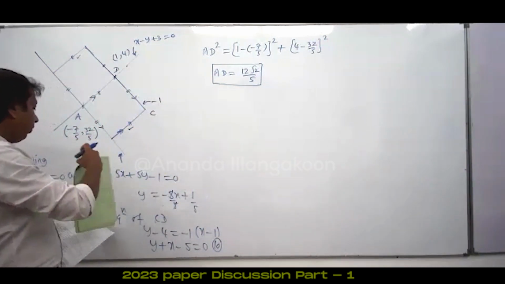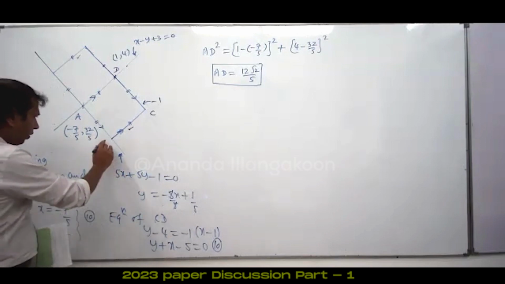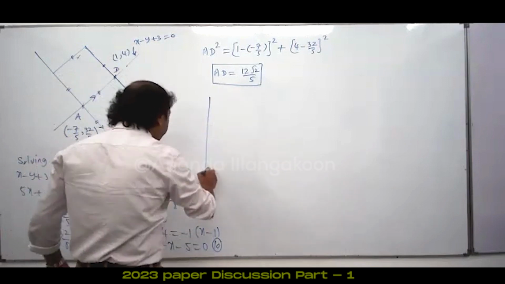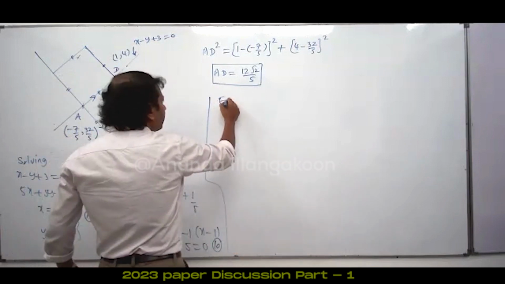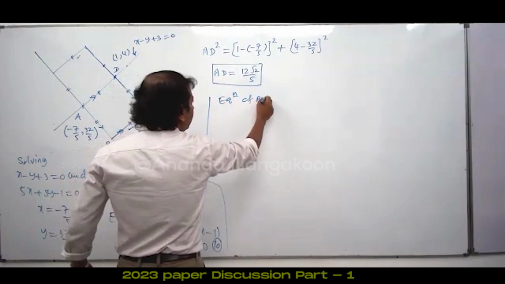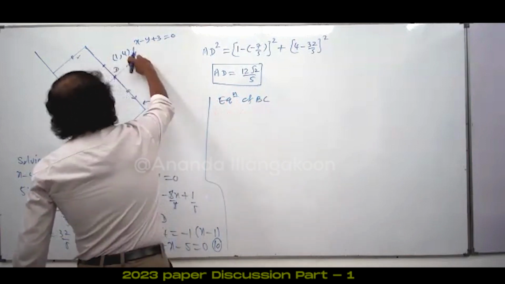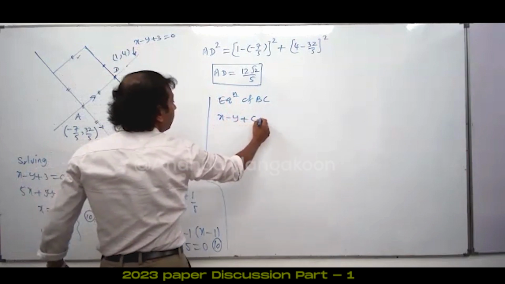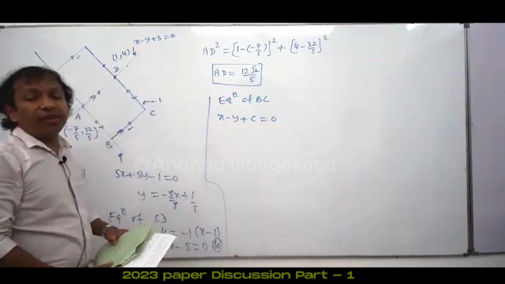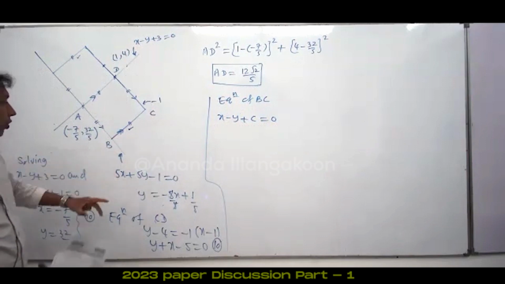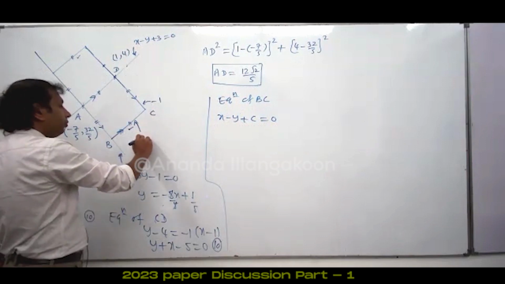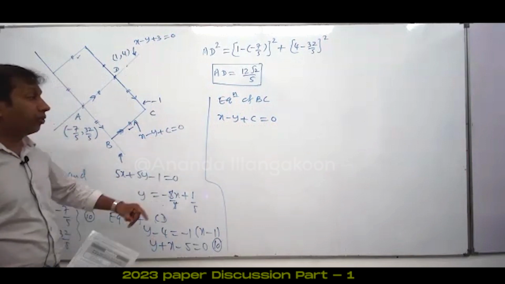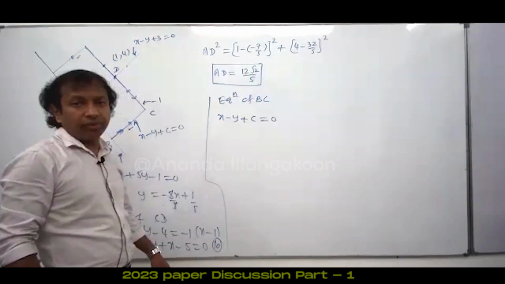If I take this one as point V, equation of VC we can write like this. Since this and VC are parallel, x minus y plus c equals 0. In this way, we can write the equation of VC.